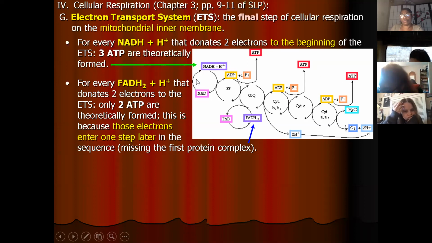This whole figure is, again, just like I drew it on the whiteboard, going left to right. So if the high energy electrons start at the beginning, it gets 1, 2, 3 ATPs. But if they're dropped off here, it only gets 1, 2 ATPs. Everybody see that in the figure?